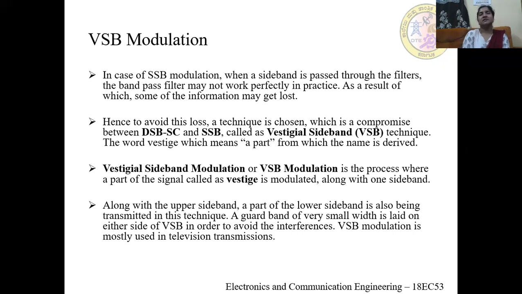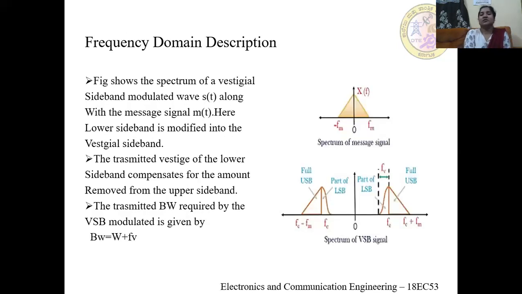This guard band is the gap between the upper sideband and the lower sideband. VSB modulation is mostly used in television transmissions as these have low frequency ranges. So this is how we shifted from SSB to VSB.